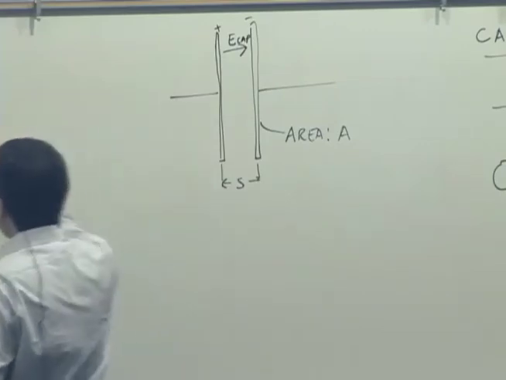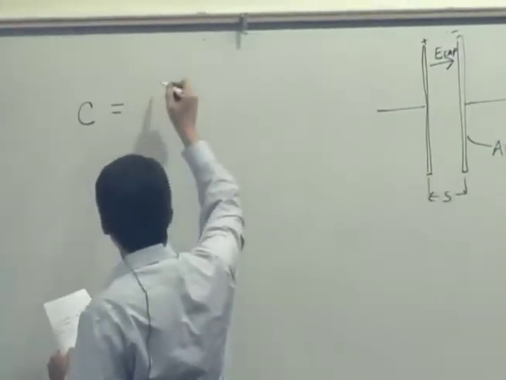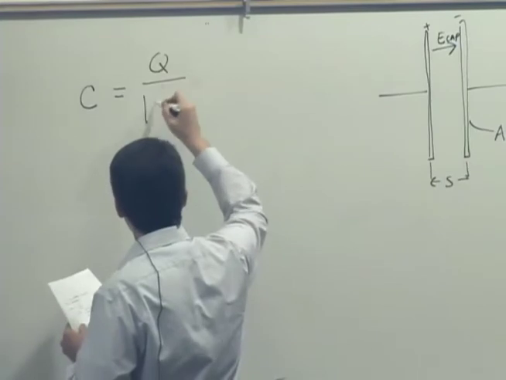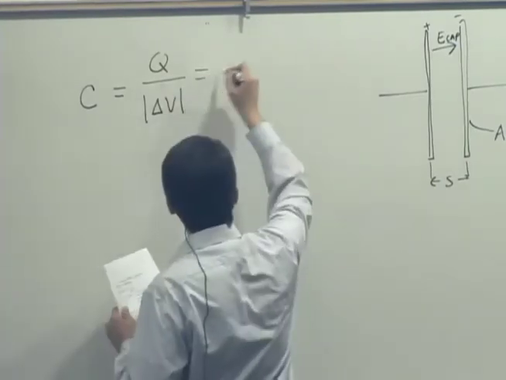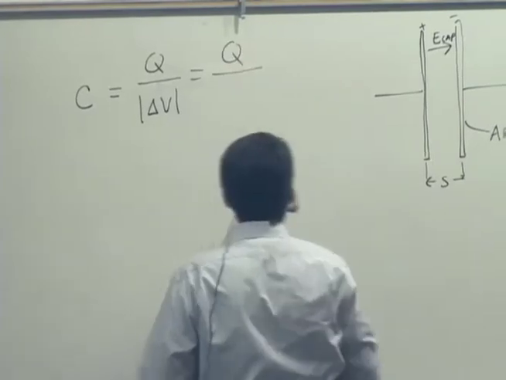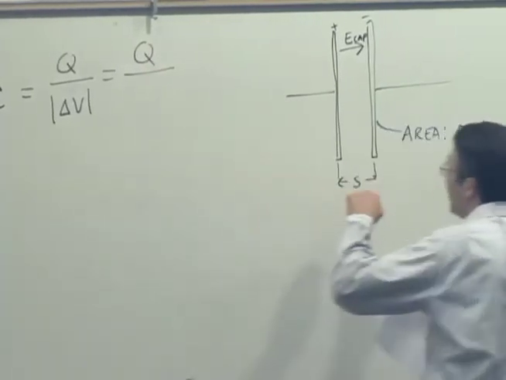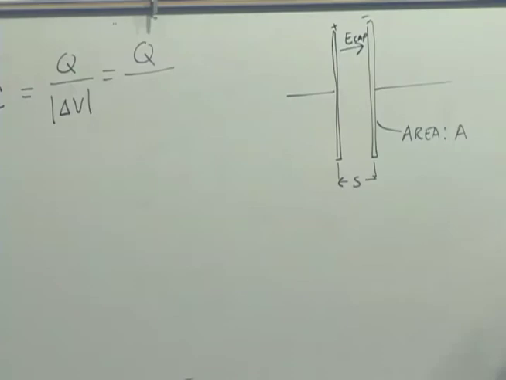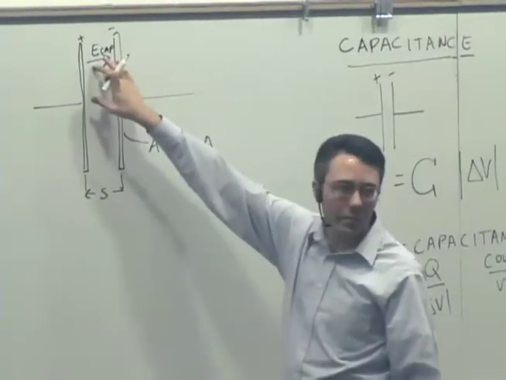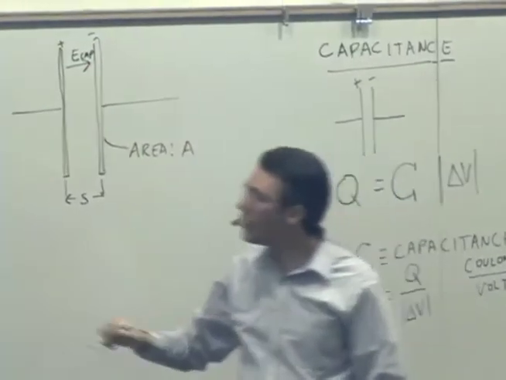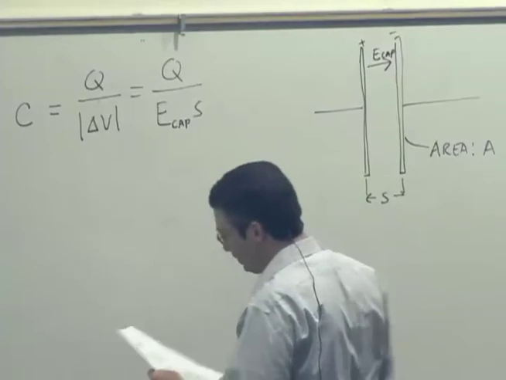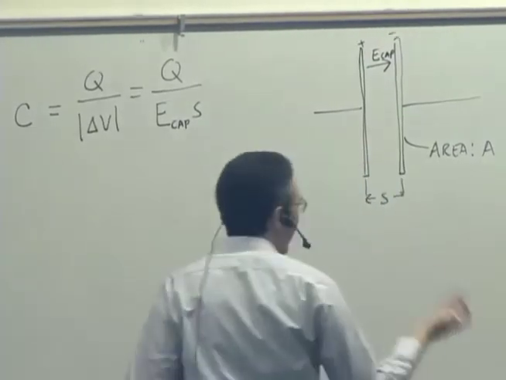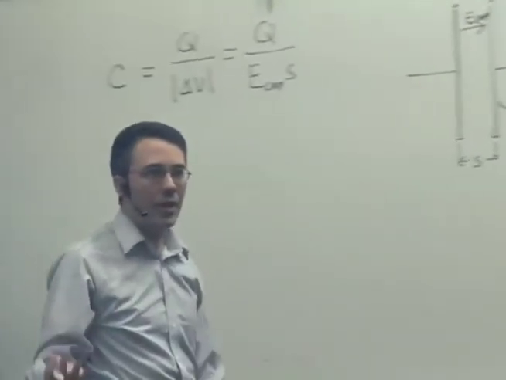I want to say that the capacitance is equal to the charge on one of the plates divided by the magnitude of the potential difference. If the field inside is essentially uniform for a very large capacitor, it's just going to be the field times the distance, right? So it's going to be the field of the capacitor times S. We have a formula for the electric field inside a capacitor, right?